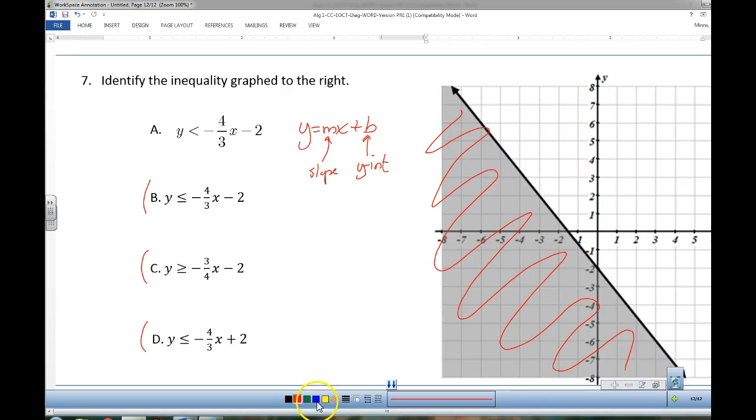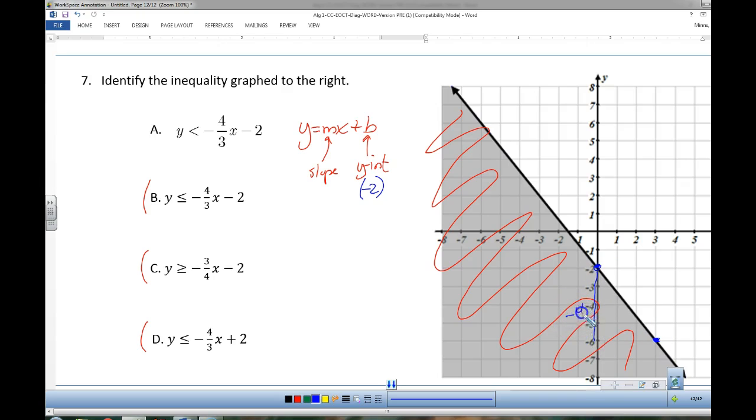So what's the y-intercept? Where does our line touch the y-axis? Right down here, -2. So this value is -2. And what's our slope? Well, rise over run. I'm going from this point. Let's find another good point. Here's another good point. So our rise is actually down, so it's negative. 1, 2, 3, 4.